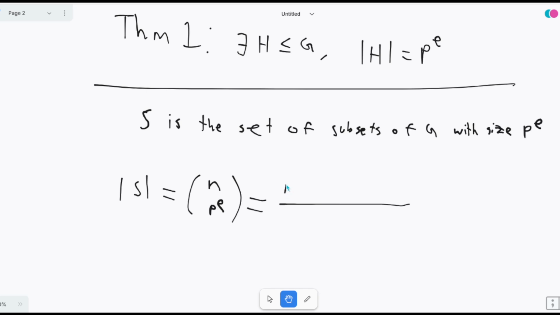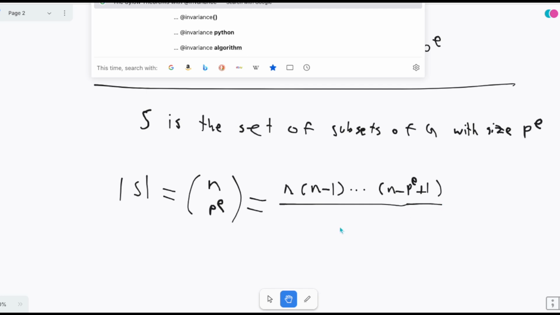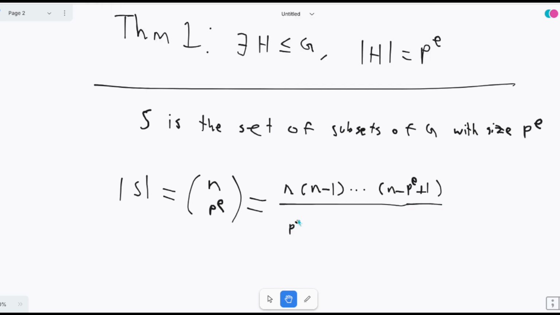If you write this out as a big product, it's not too difficult to see, and it's a good exercise to reason it out.